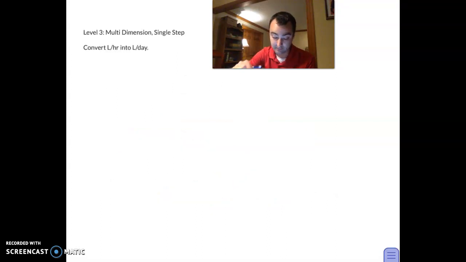The next level up, once you level up one more time, is if you are trying to look at multiple dimensions. So consider an example where you have, oh, I should have put values in here. Consider an example where you have 12 liters per hour. So the question is asking you to convert liters per hour into liters per day.